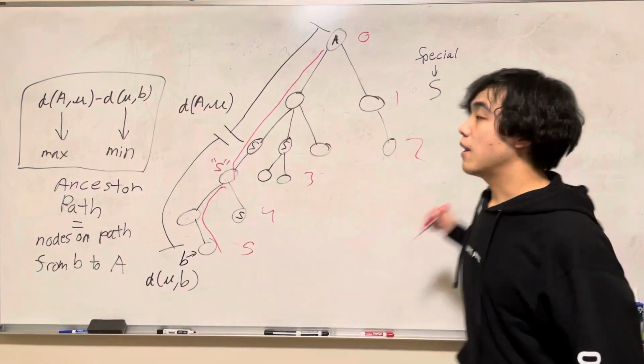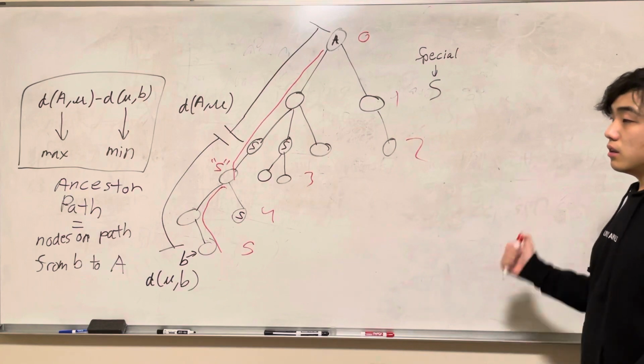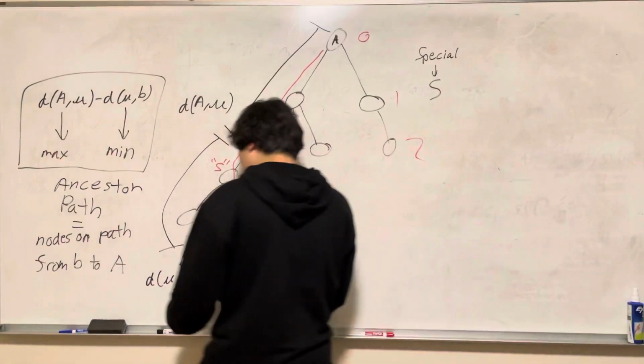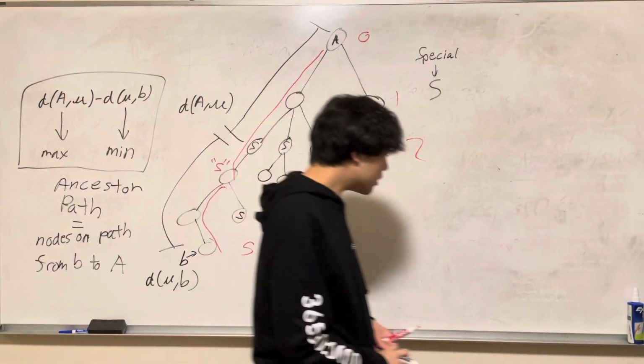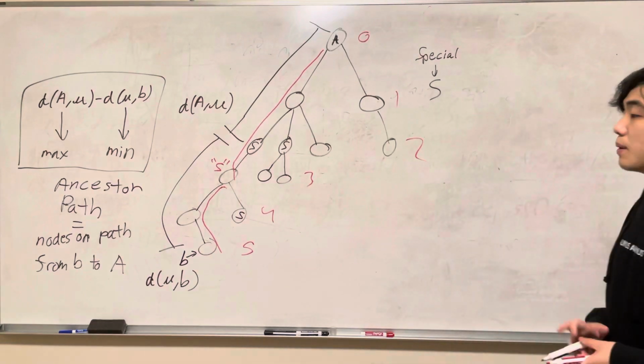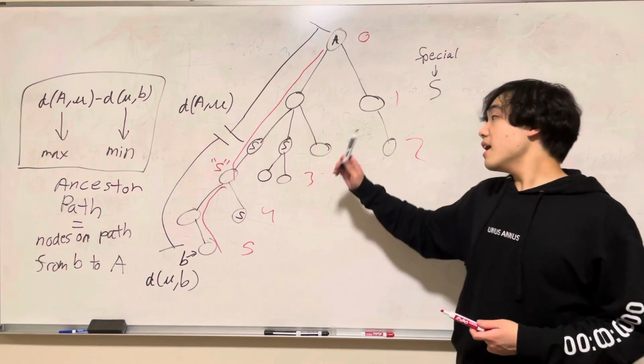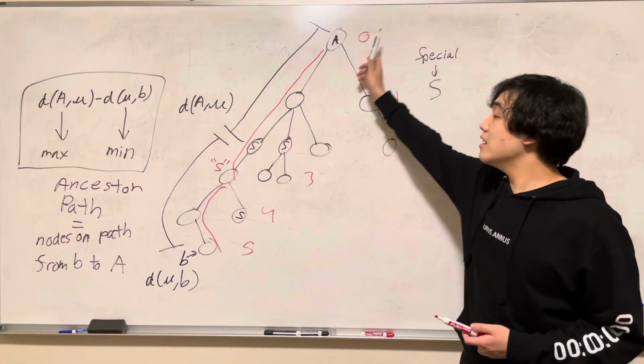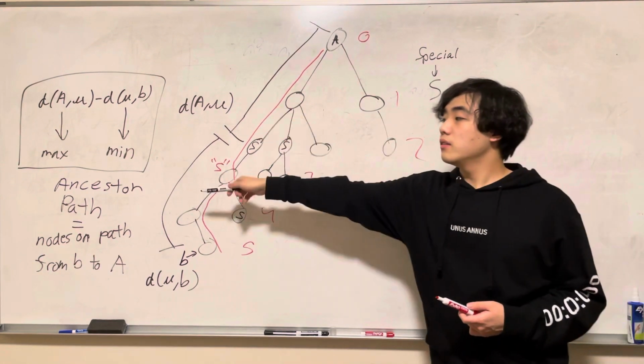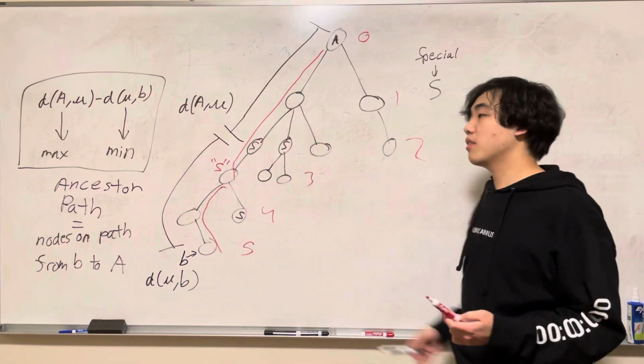And so the third and final case, which is a pretty easy one. Basically, you want to consider the case in which a special node is not in the subtree of B, and it's not in any subtree of the ancestor path.